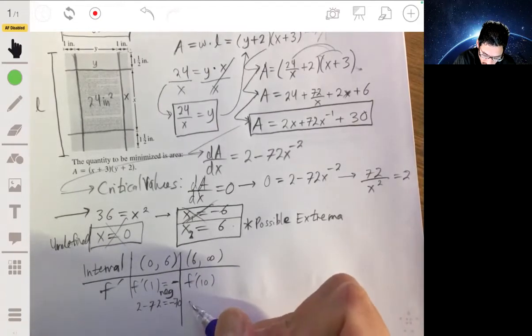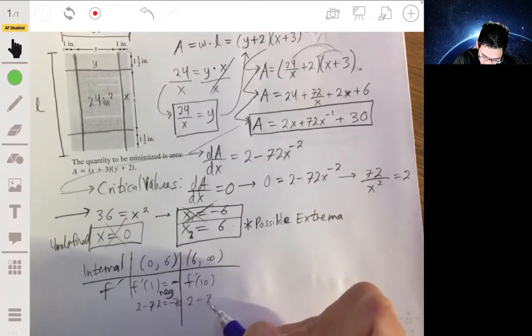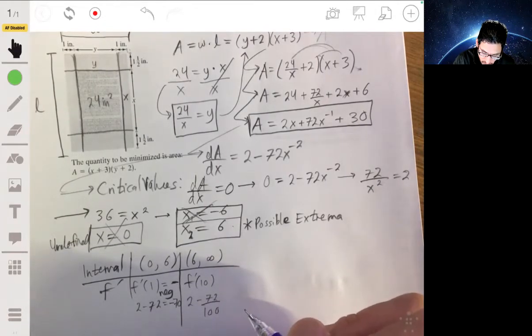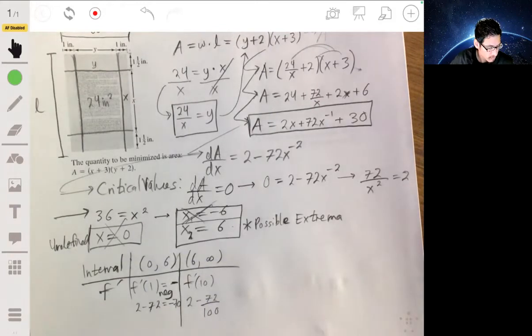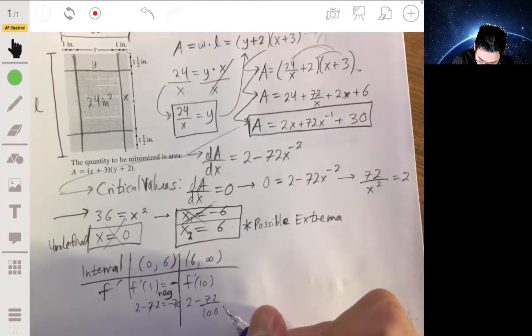Now f prime of 10, plug 10 into here. So 2 minus 72 over 100. And remember, the 72 over 100 will be like 0.72.